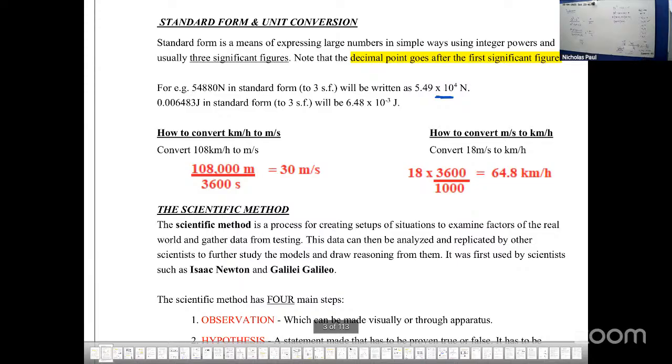There aren't any prefix with 10 to the 4, but look at the one underneath. 0.00648, three significant figures, 6.48, and move the decimal place 1, 2, 3. So you end up with 6.48 by 10 to the minus 3. But I don't want to write 10 to the minus 3.